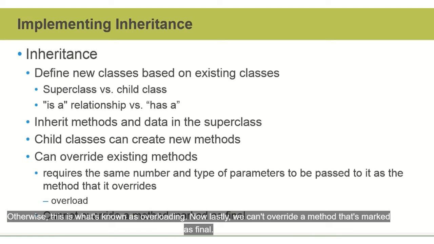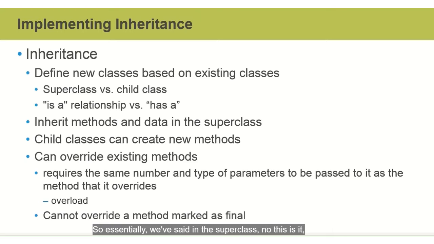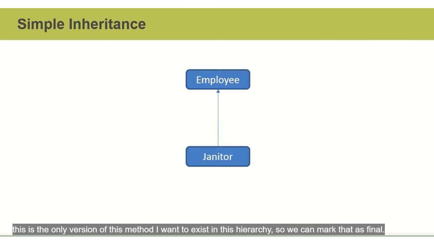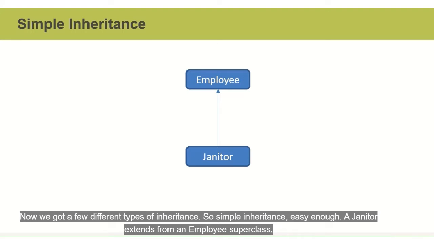Otherwise, this is what's known as overloading. Now, lastly, we can't override a method that's marked as final. So essentially, we've said in the superclass, nope, this is it. This is the only version of this method I want to exist in this hierarchy, so we can mark that as final.